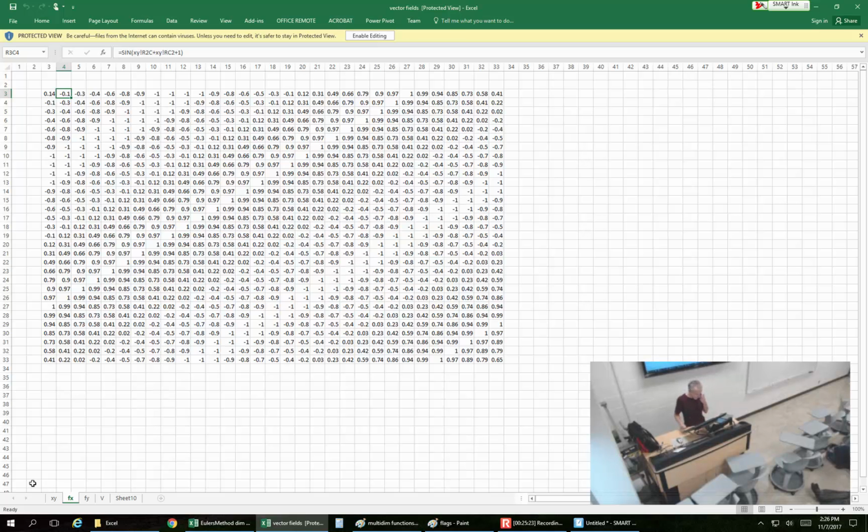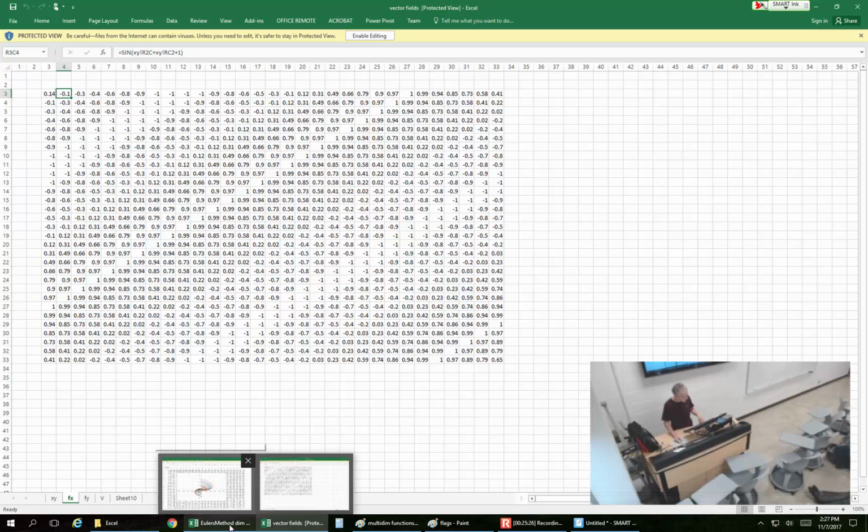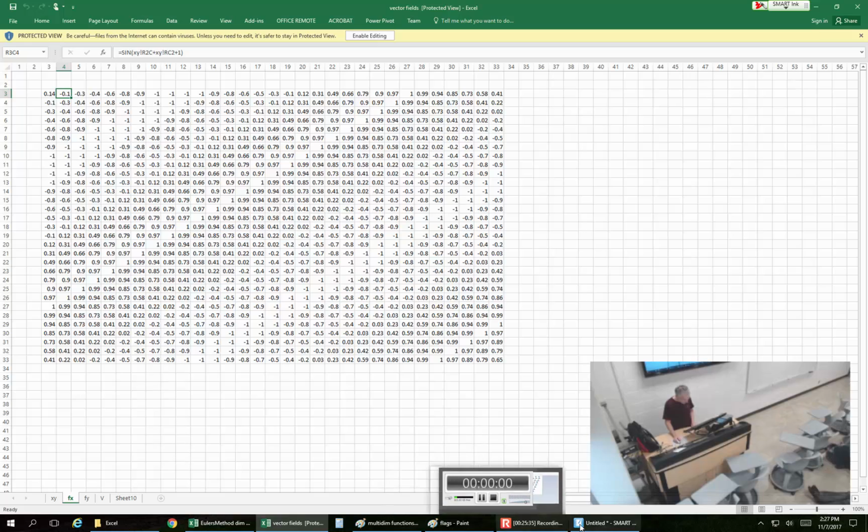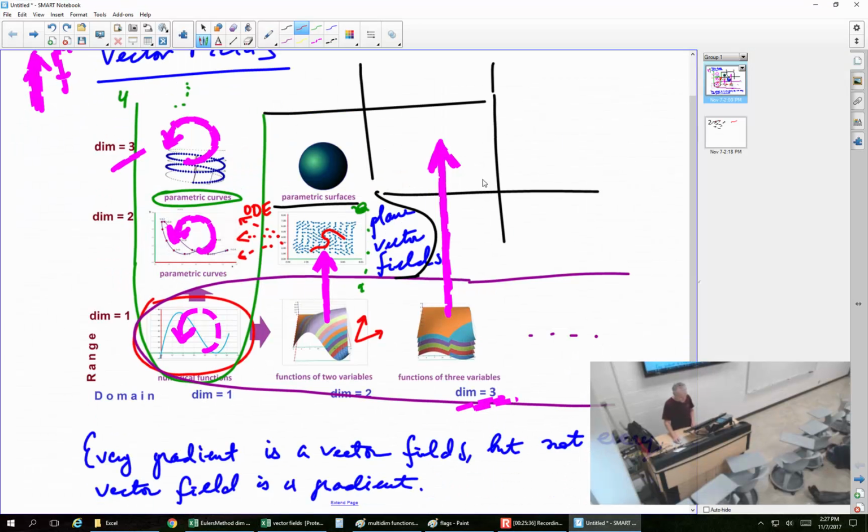We'll see why not every vector field is, in fact, a gradient. Okay, well, you can probably guess.